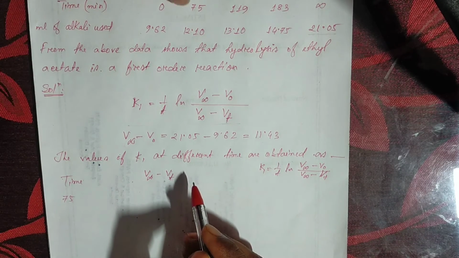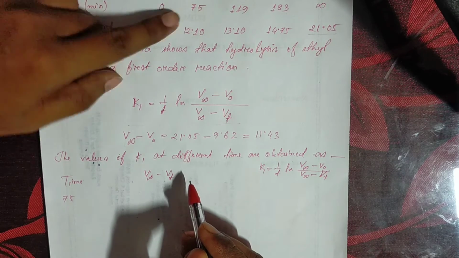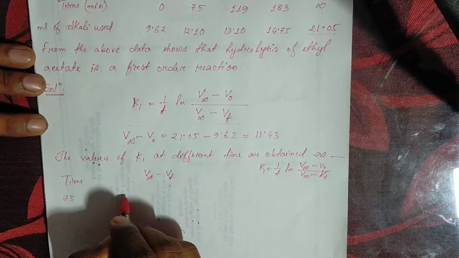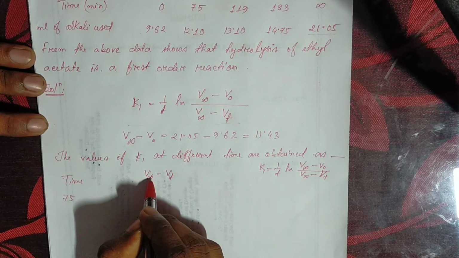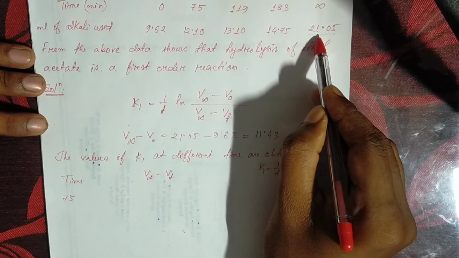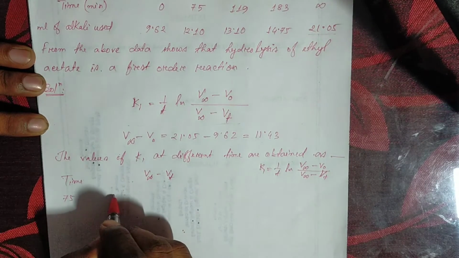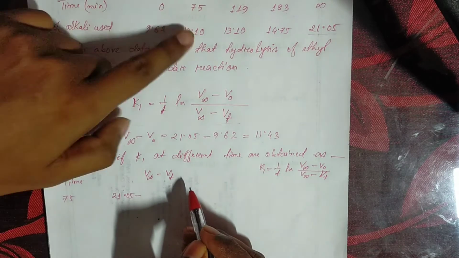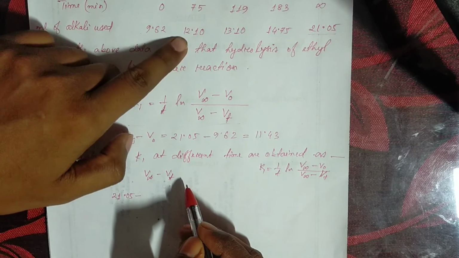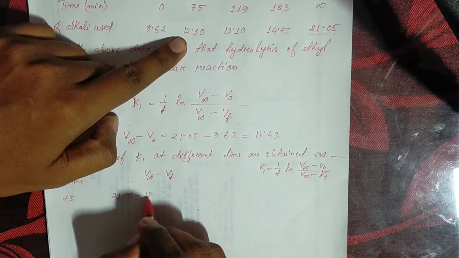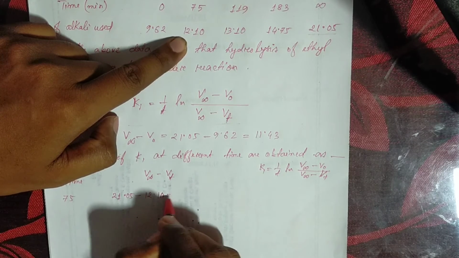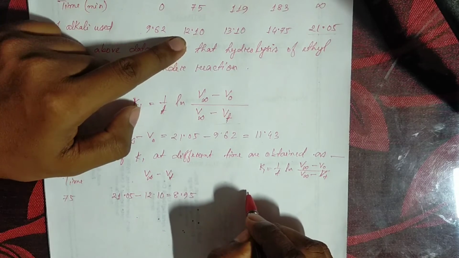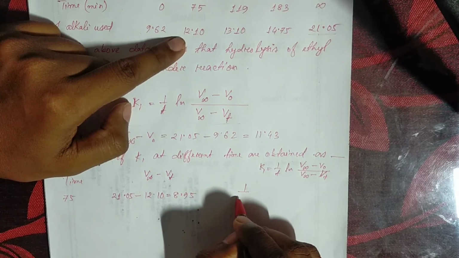When it is 75 minutes, V infinity is 21.05, so 21.05 minus Vt, that means 12.10, gives 8.95. We have to calculate like this.